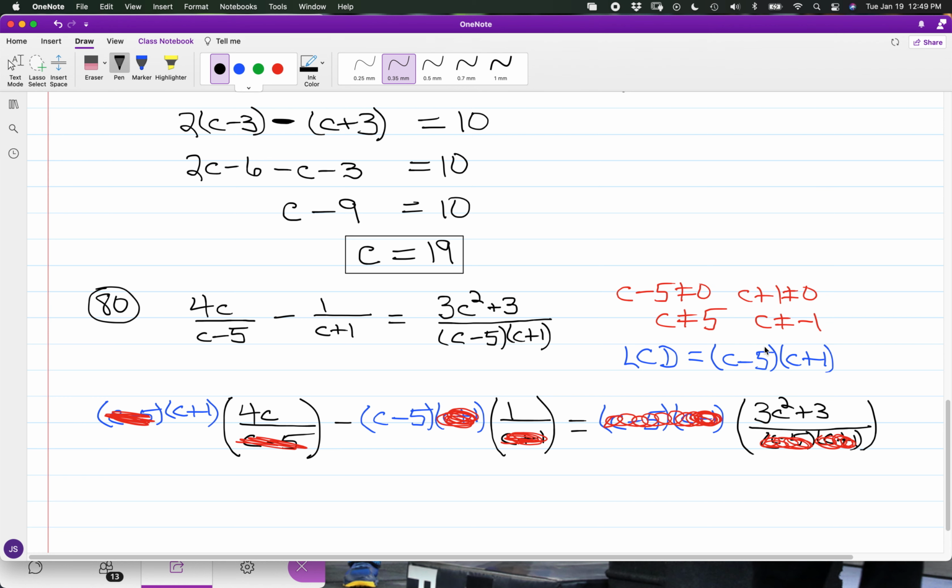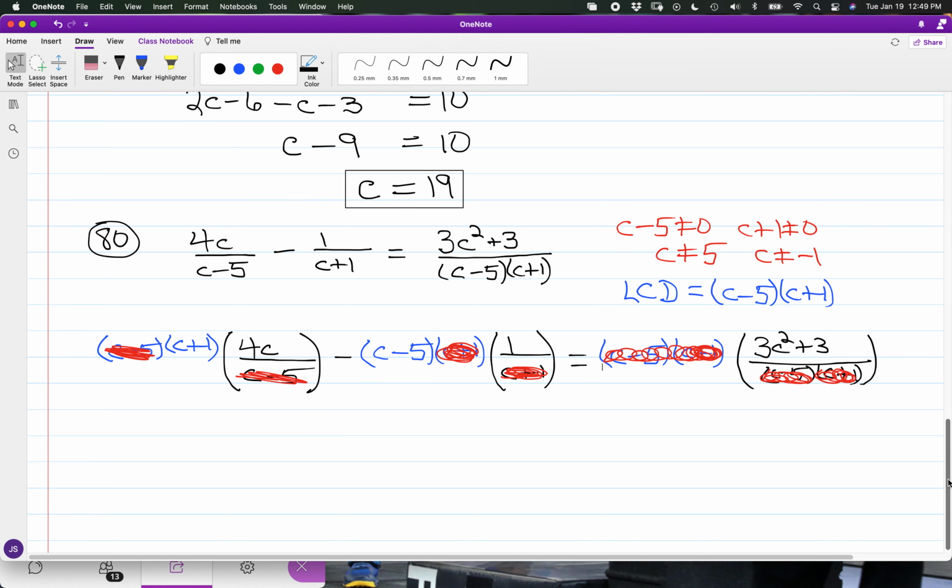So for what we have left standing, you have 4c times c plus 1, minus the quantity of c minus 5. I'm keeping the parentheses right now because once you distribute subtraction, both c and minus 5 are going to be affected. And to the right, we have 3c squared plus 3.